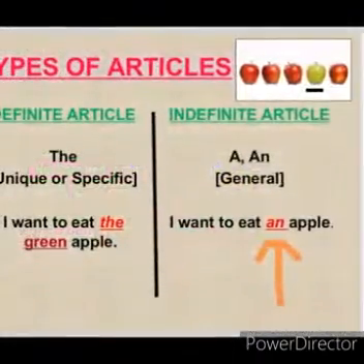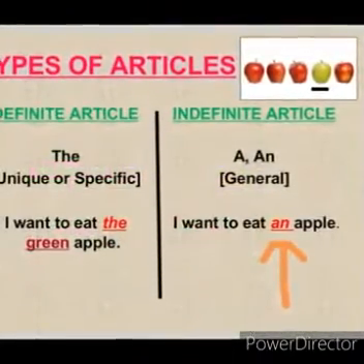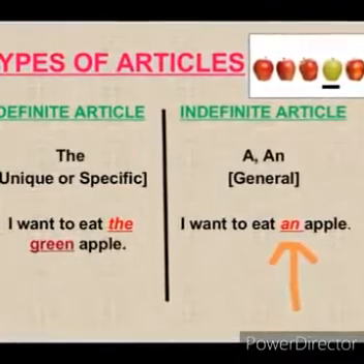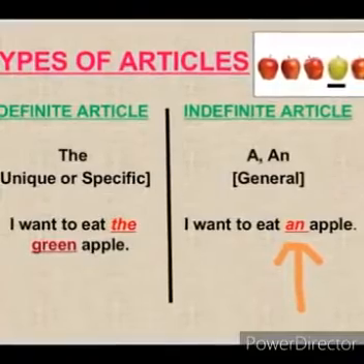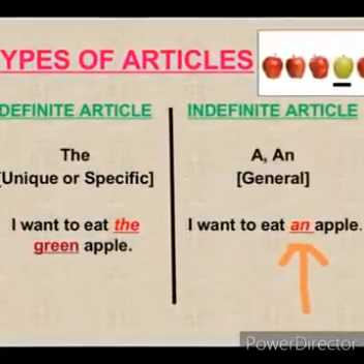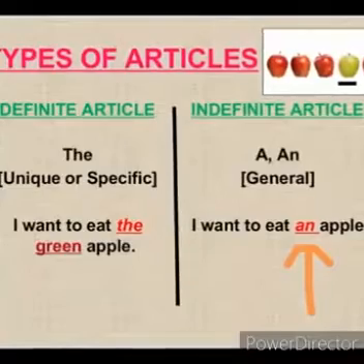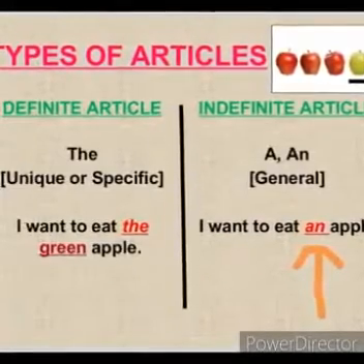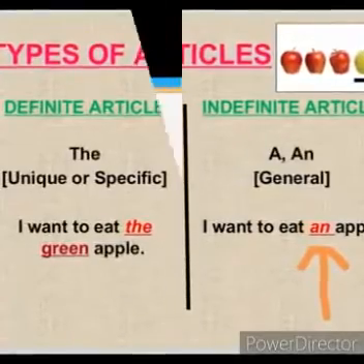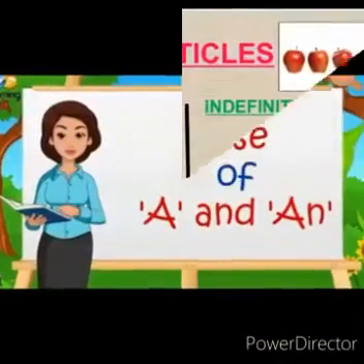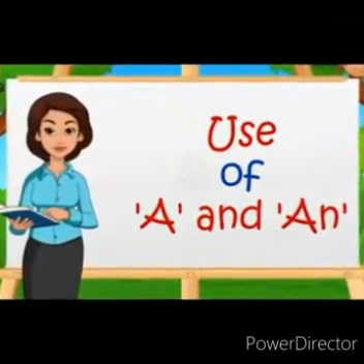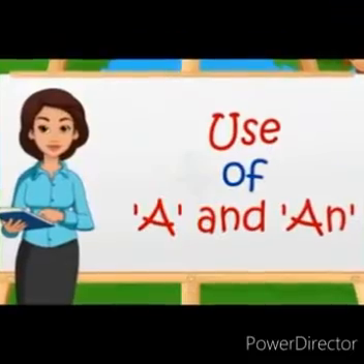Now, in the above example, you can also notice that we have used article an and not article a for pointing out the general apple. So now let's understand why we have used article an instead of a. That means when we have to use article a and when we have to use article an.